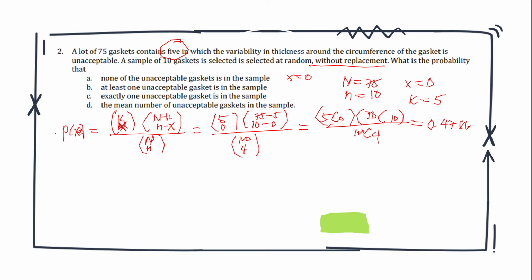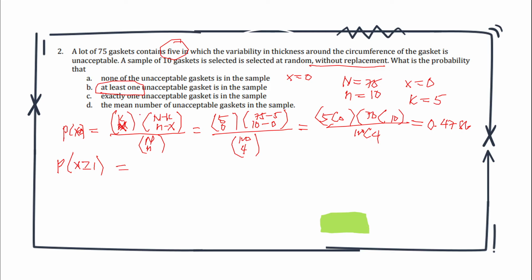So next is at least 1. At least 1 unacceptable gasket is in the sample. Since we need to have at least 1, we start with 1 and up. So P of x is greater than or equal to 1.